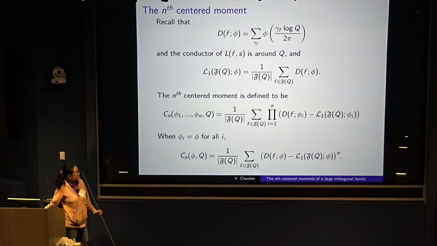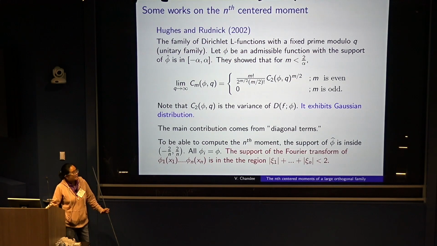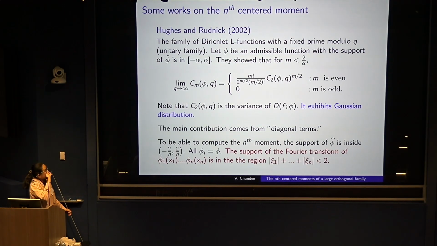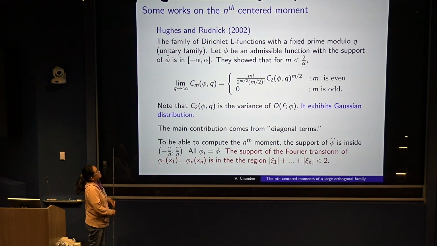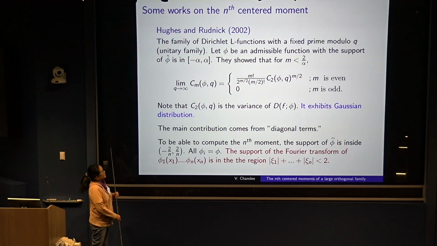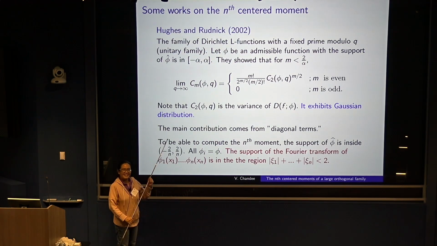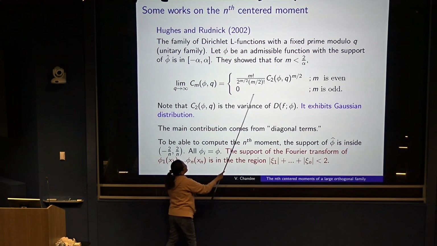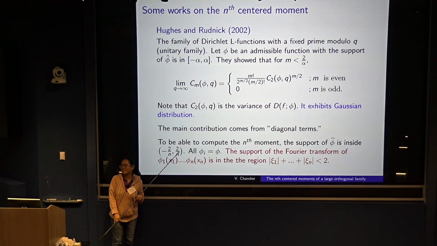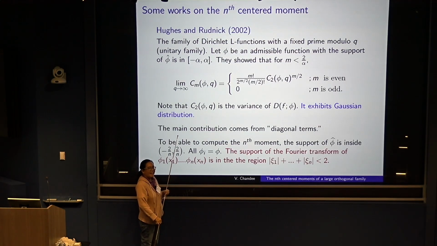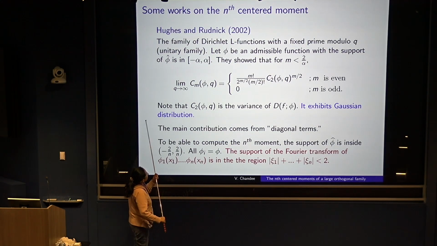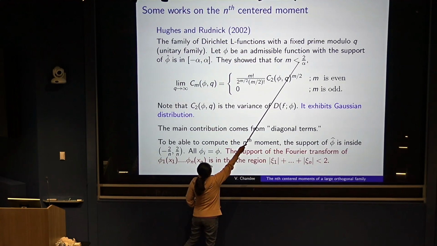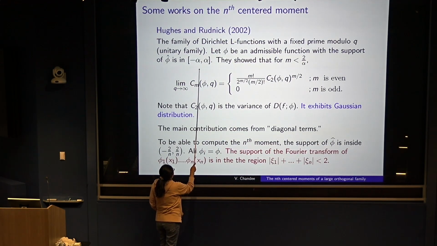Okay, let's see what the results are on this. There is some work on that. First, go back to the family of Dirichlet characters with fixed prime modulus Q. This is a unitary family. Hughes and Rudnick computed the moments of that. If you are a probabilist, you will probably like them. This is a Gaussian distribution, and C2 is the variance, that's the second moment. They can compute the moments when m is up to 2 over alpha, where alpha is the support here.